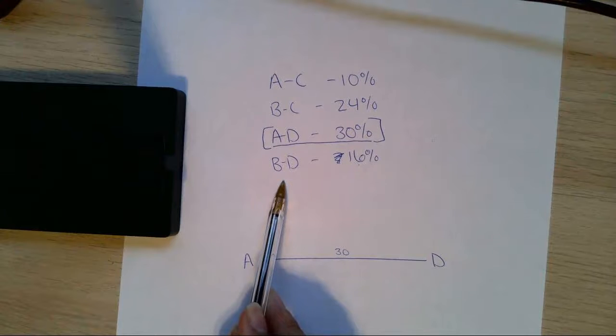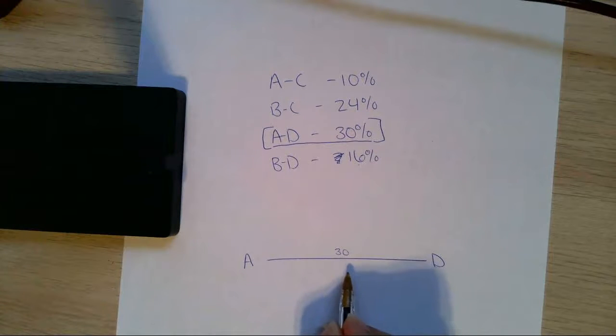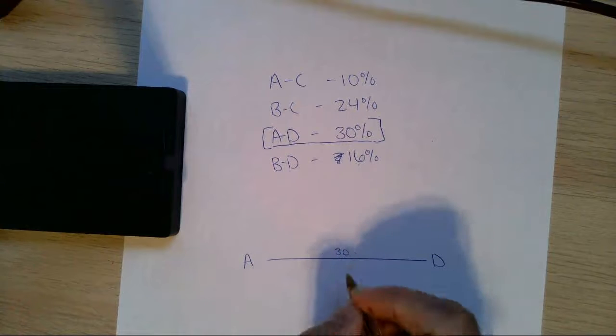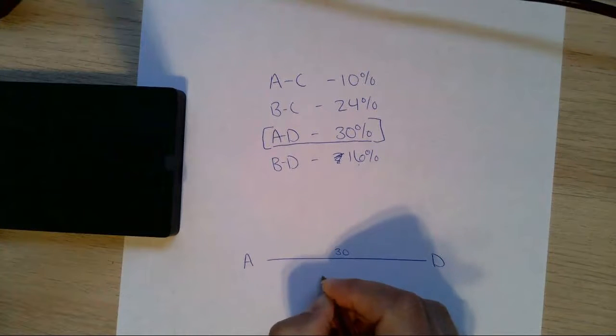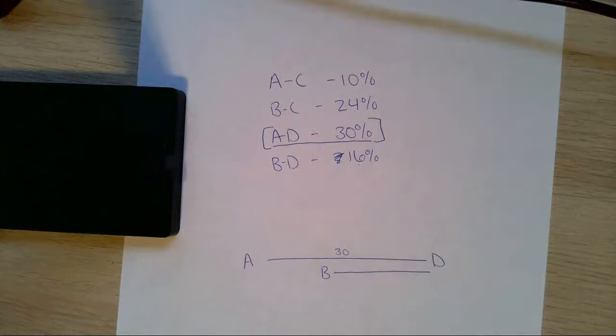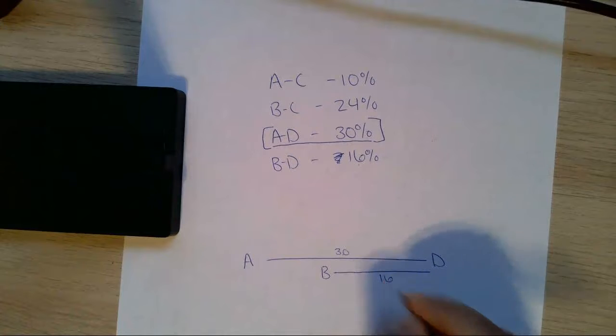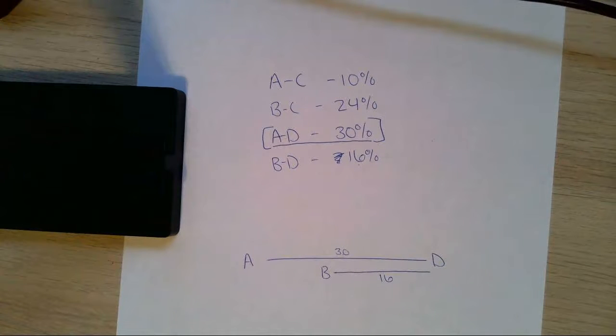But I do know that B is close to D. So I'm going to assume that B is going to be somewhere in the middle here, 16. So about the same area as where I wrote 30 before, because 30 is pretty much in the middle. So I'm going to put B there because it's a little over halfway, right? 16 is one more than half of 30.